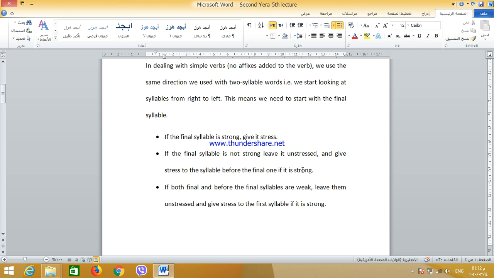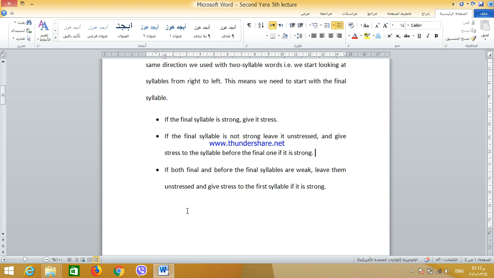If not, I mean if the final syllable and the one before the final are both weak, leave them unstressed and give stress to the first syllable if it is strong. So again, the direction is from the right to the left, from the final syllable until you reach the first syllable.